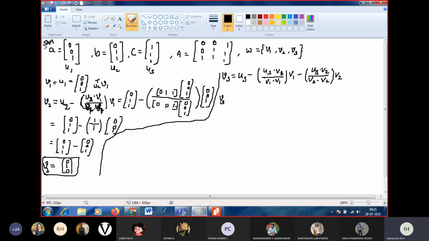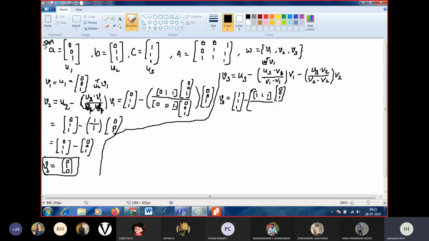So V3 is equal to U3. What is U3? U3 is 1, 1, 1. So next minus of bracket U3 dot V1, which means U3 transpose into V1. The dot product can be found by using this. U3 transpose is the row matrix of 1, 1, 1 into V1, and V1 is 0, 0, 1.